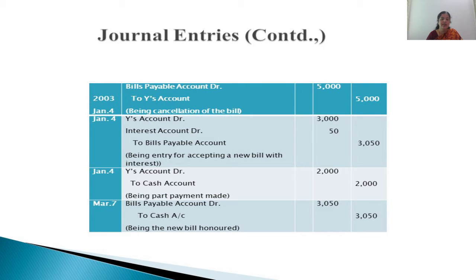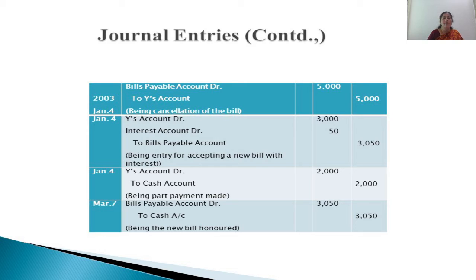First due date is January 4th. From that calculate 2 months plus 3 days. So after January, February, March, 4th January plus 3 days means 7th. So on March 7th we honored his bill, that is the second bill which we accepted. So bills payable he presented to us and we made payment of 3050.